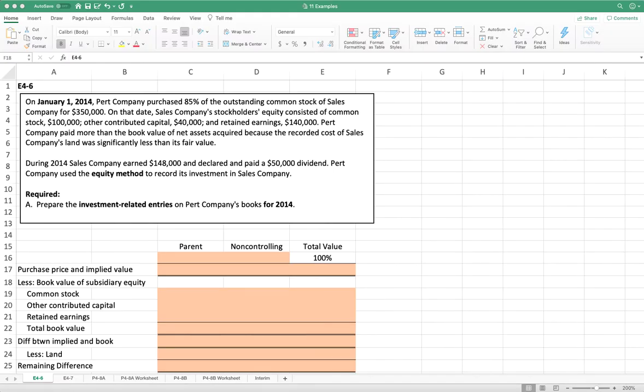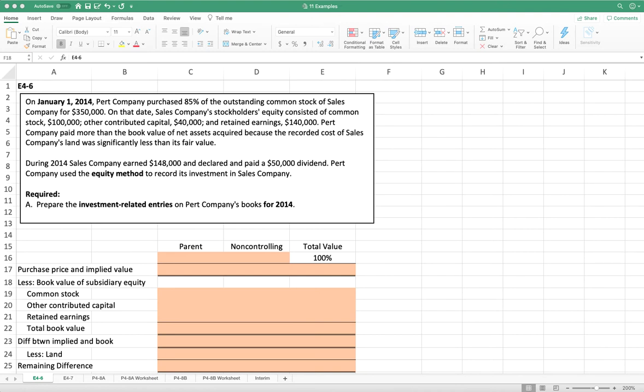In this example, we have PERT Company purchasing 85% of the outstanding common stock of Sales Company for $350,000 on January 1st of 2014. On that date, Sales Company's stockholders' equity consisted of common stock of $100,000, other contributed capital of $40,000, and retained earnings of $140,000.